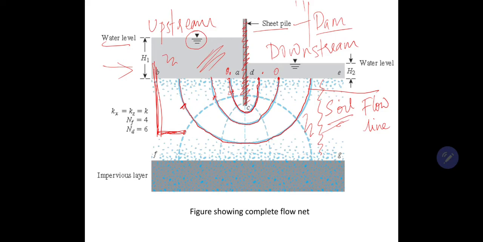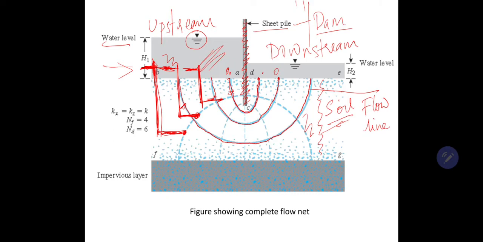If I put the piezometer over here, it will show how much water pressure there is at this point, up to this much. If I put my piezometer at another point, I will get the same level as before. Again I will get the water pressure up till here.